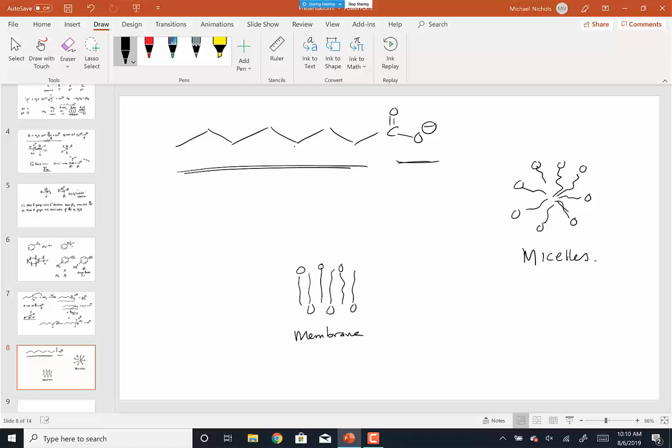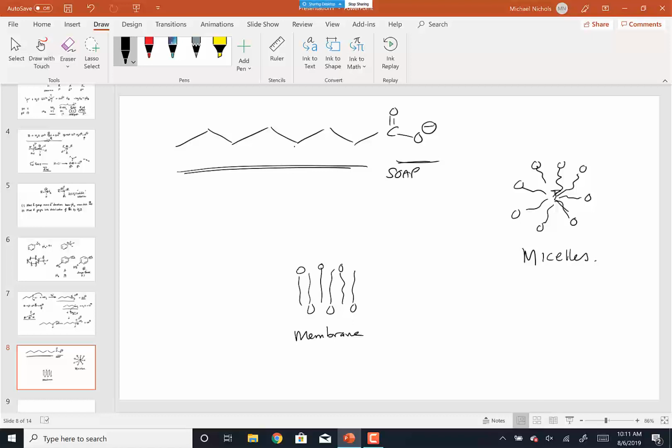These hydrophobic tails are going to be attracted to that, and then the grease gets dissolved into the water because the grease is sitting inside of that cavity. And so the hydrophilic parts dissolve it. So this would be an example of a soap, a naturally occurring soap.